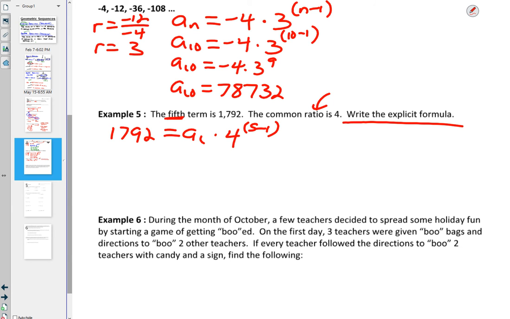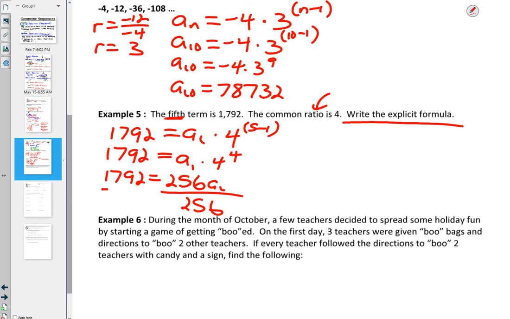There's only one unknown, so I can solve for it. So 1792 is equal to a sub 1 times 4 to the 4th. I would use my trusty calculator to find 4 to the 4th, 256. So 1792 is equal to 256 times a sub 1, divided by 256.